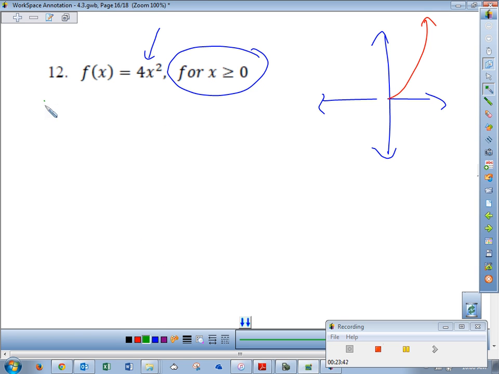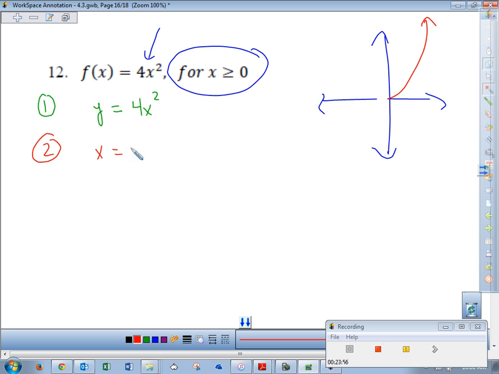Same 4 steps. Uno. Switch f of x to y. Cool with that? Step 2. Switch x and y around. Yes? Step 3, solve for y.